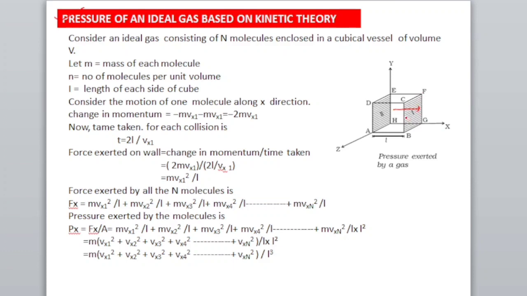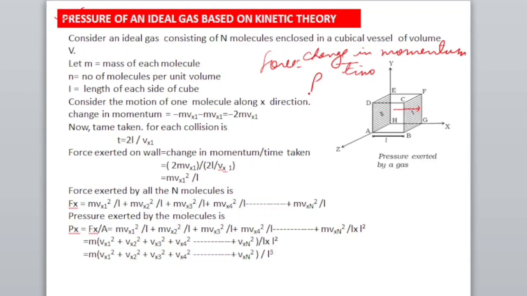The molecules bounce back, and due to this there is a change in momentum of the gas molecules. Change in momentum per unit time is what? Force. And the force exerted per unit area is called pressure.